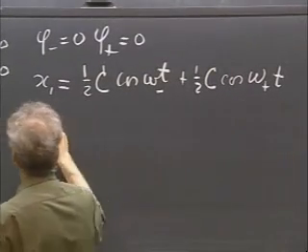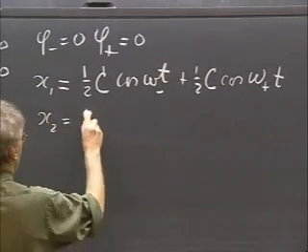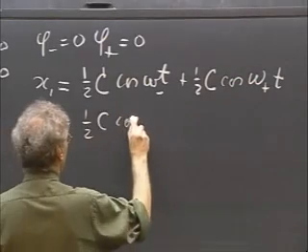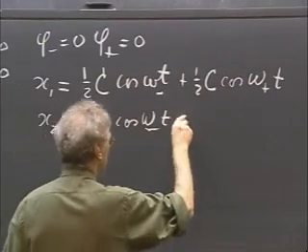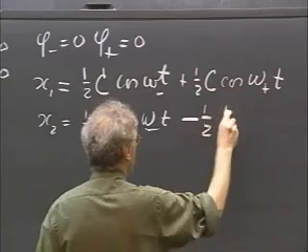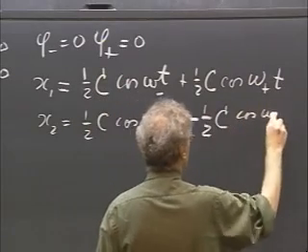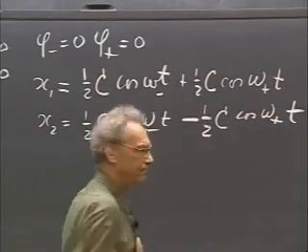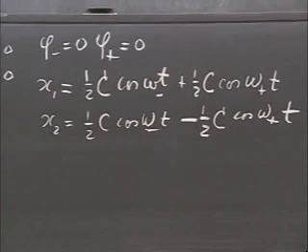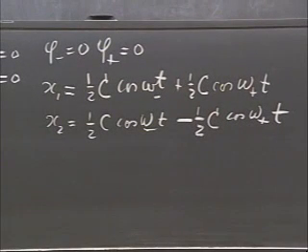And x2 is 1/2 c times the cosine omega minus t, minus 1/2 c times the cosine omega plus t. Take a deep breath, substitute in there t equals 0, and you see immediately that x1 is c, and substitute t equals 0 in the second, and then you see indeed that x2 is 0. No surprise, because that's my initial condition.